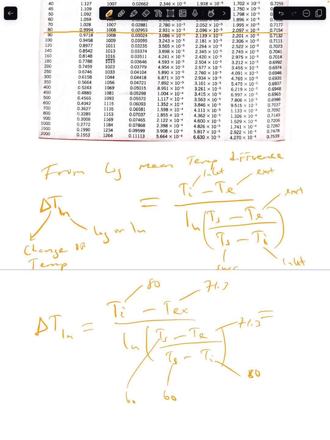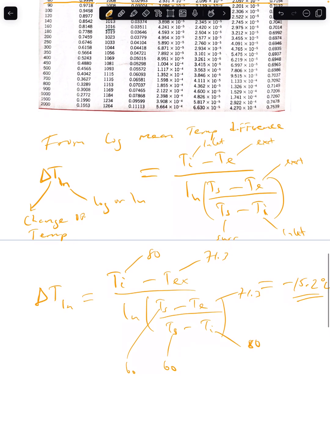So the answer here will become negative 15.2 degrees Celsius. And can we calculate the rate of heat loss?